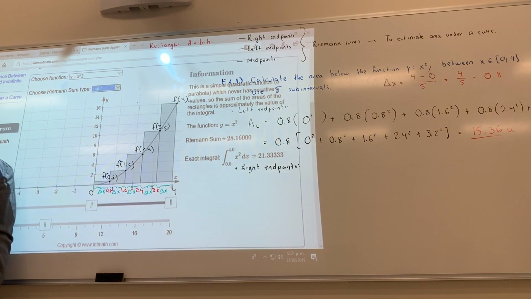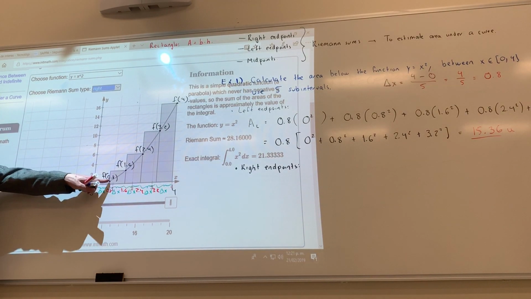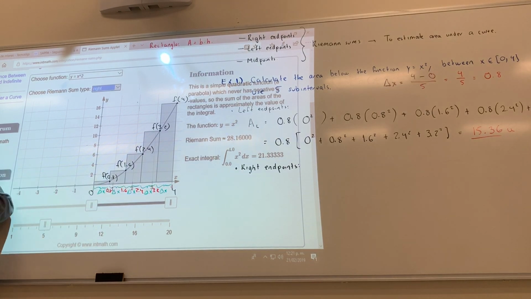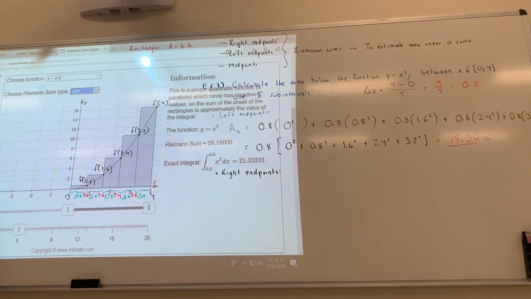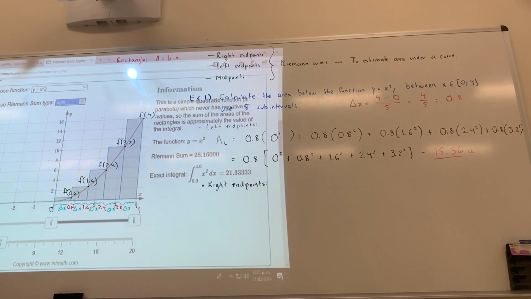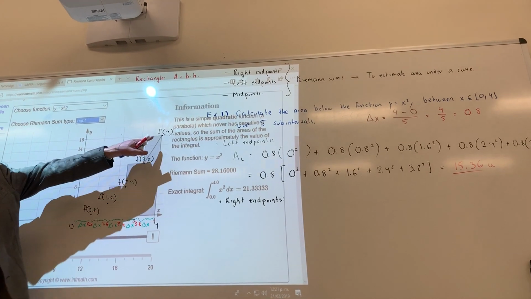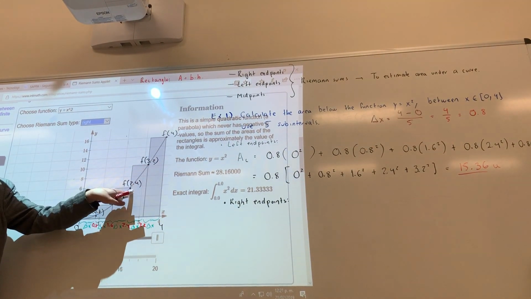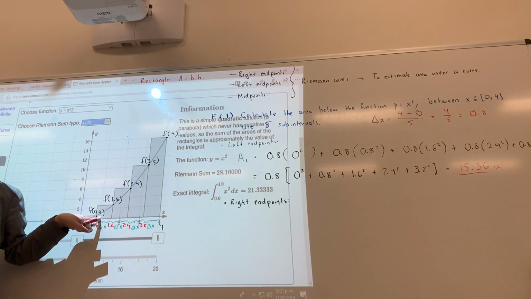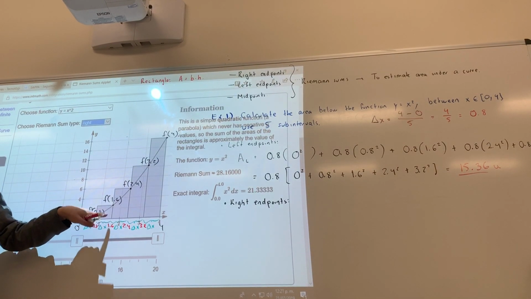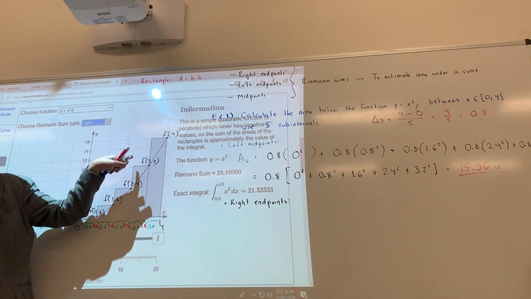Do I need f of 0? No, because this one covers the height of the last rectangle. So if you're using the right endpoints, these are the ones I'm going to use.